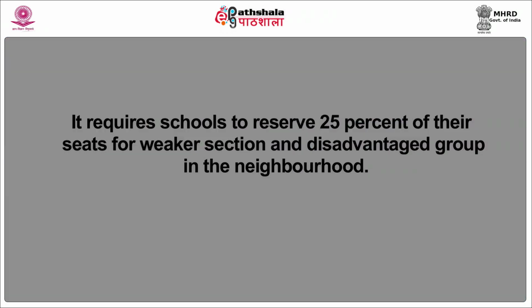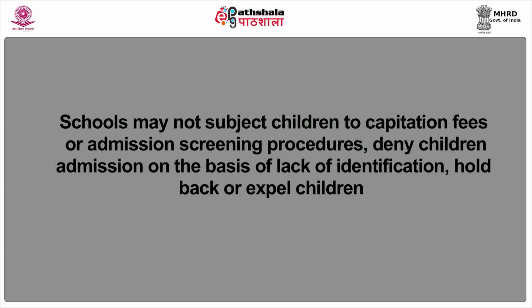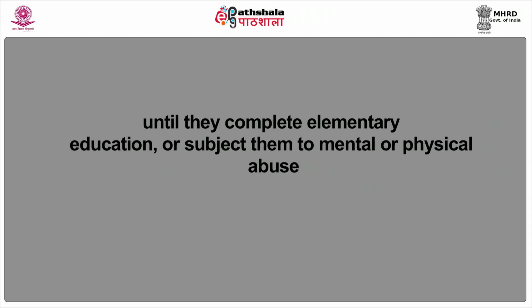It requires schools to reserve 25% of their seats for weaker sections of society and disadvantaged groups in the neighborhood. Schools may not subject children to capitation fee or admission screening procedures, or deny children admission on the basis of lack of identification, or hold back or expel children until they complete elementary education, or subject them to mental or physical abuse.